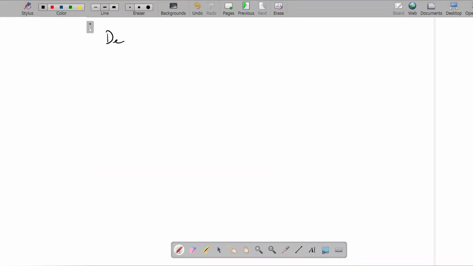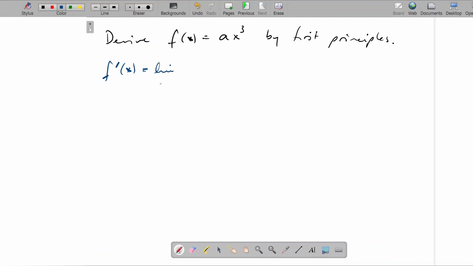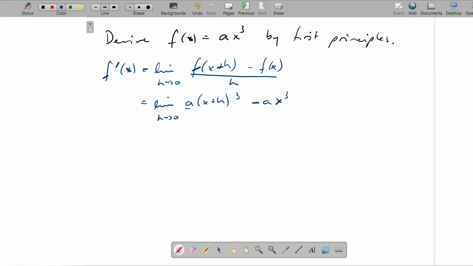So I want to derive f of x equals ax cubed by first principles. That's the instruction. Okay, so I know f prime, that's what that little dash is called, f prime equals the limit as h tends to naught of f of x plus h minus f of x all over h, equals the limit as h tends to naught of a times x plus h cubed minus ax cubed, all over h.